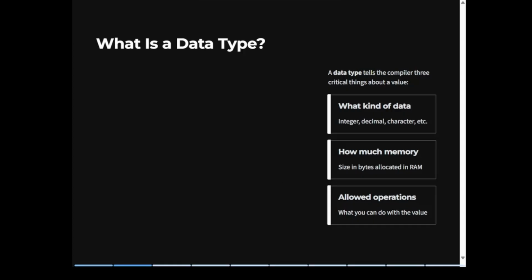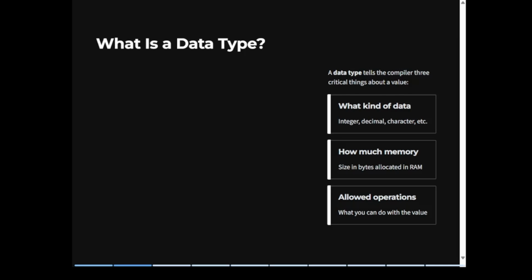So what is the data type and why does it matter in C? C programming data types tell the compiler what kind of data a variable can store, and if the data is stored in memory, how much memory is required for that variable.